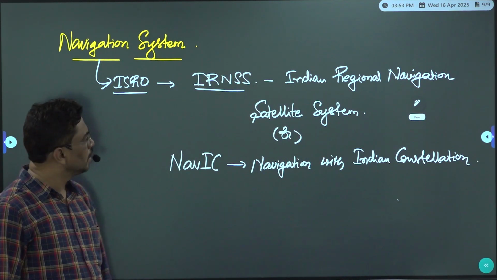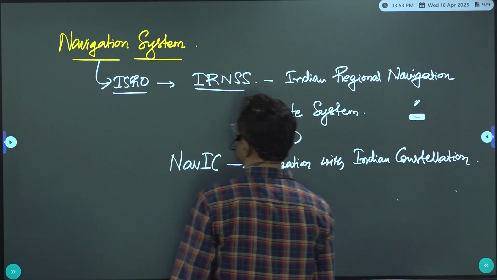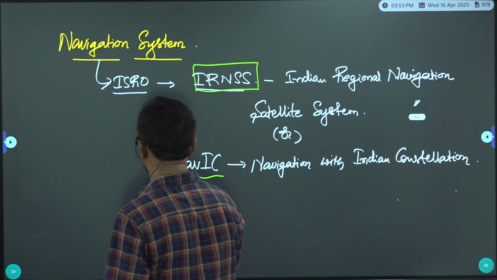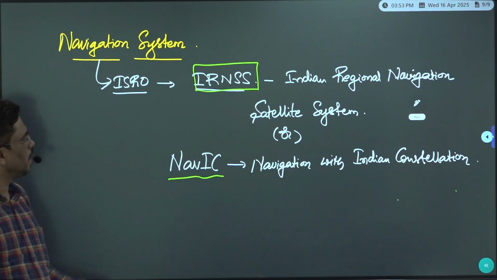So ISRO has developed its own navigation system that was named IRNSS, or you can say NAVIC.